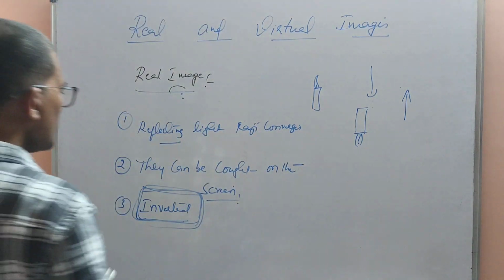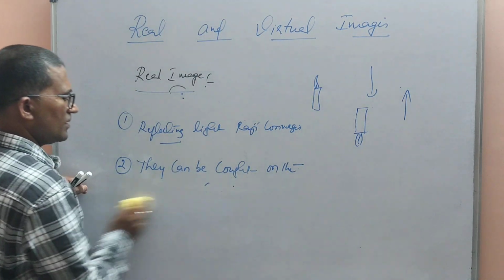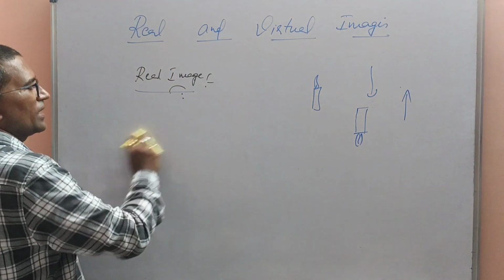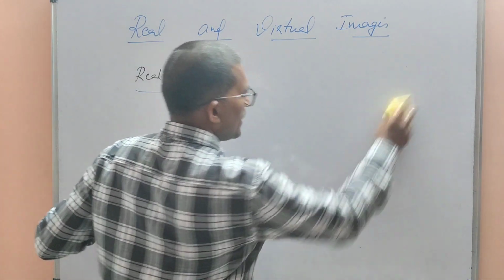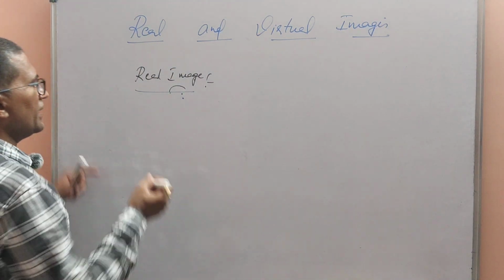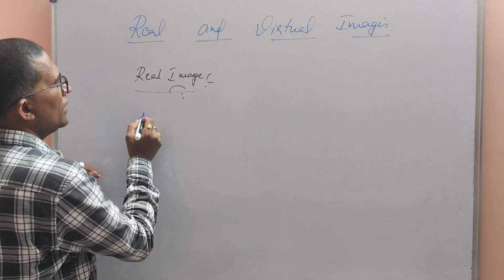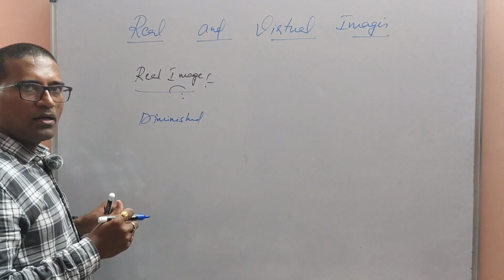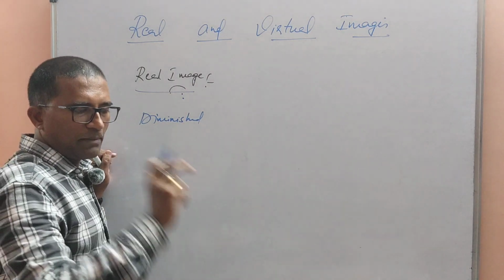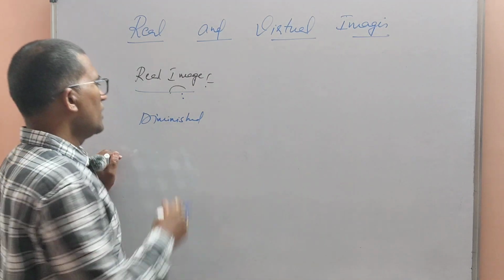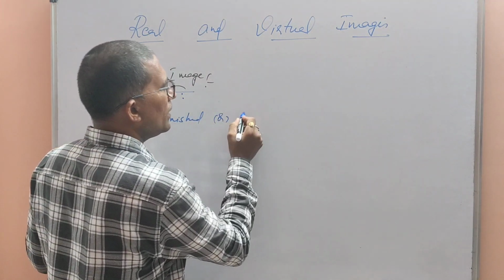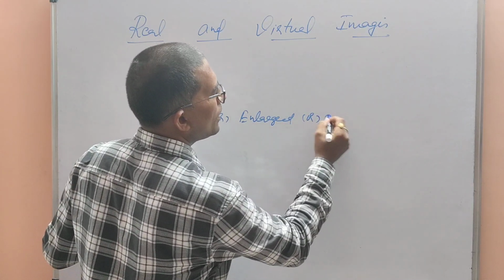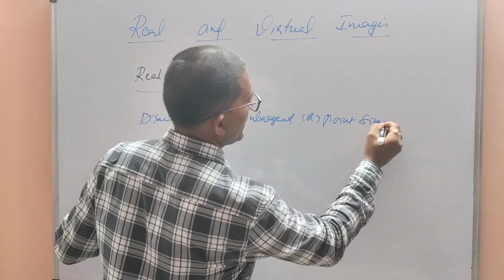Next one, the real image may be diminished or enlarged, or point size. Real images will be diminished, meaning small, they appear smaller in size than that of the object, or enlarged, or point size.